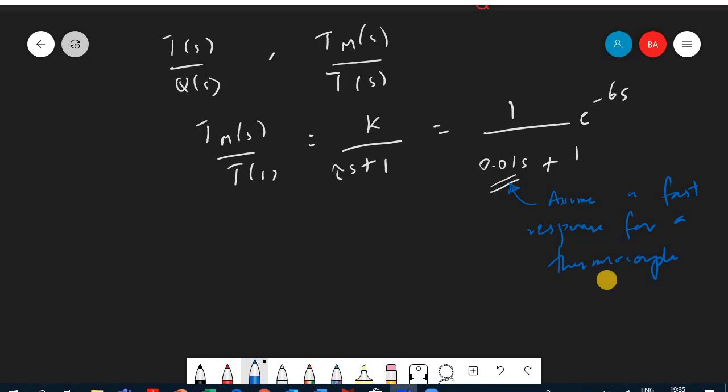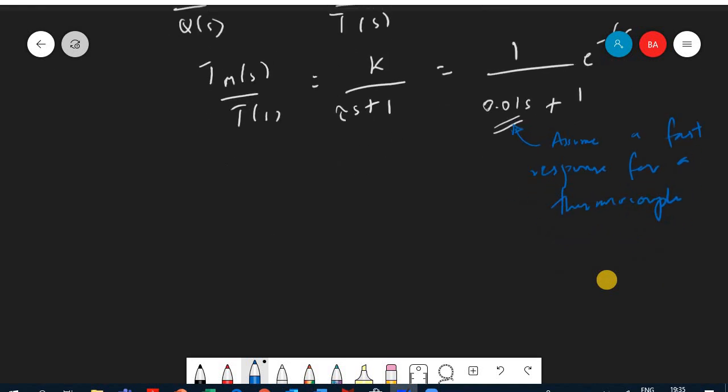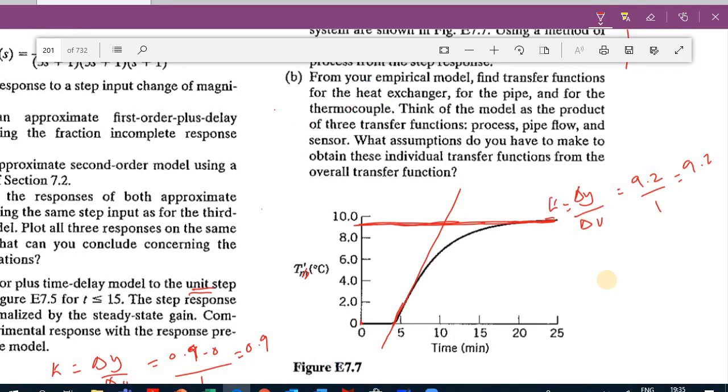So here I'm going to say that my K, my T with the Q, the K here was equal to, what was that? 9.2. What about tau? If I take this example here, I'm trying to fit a first order plus time delay.